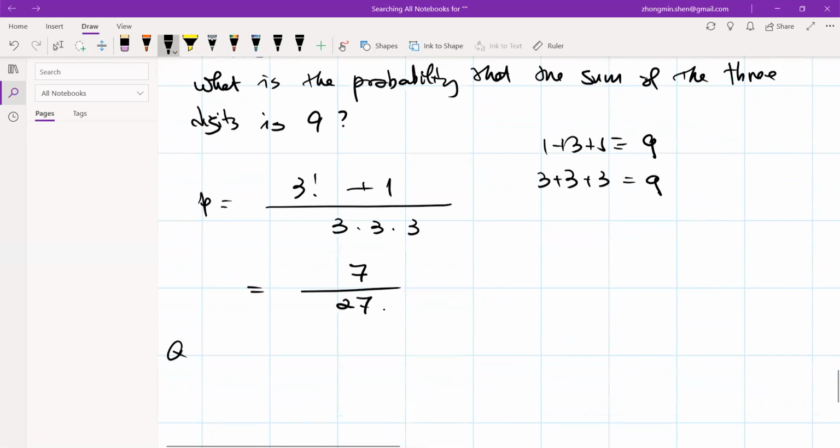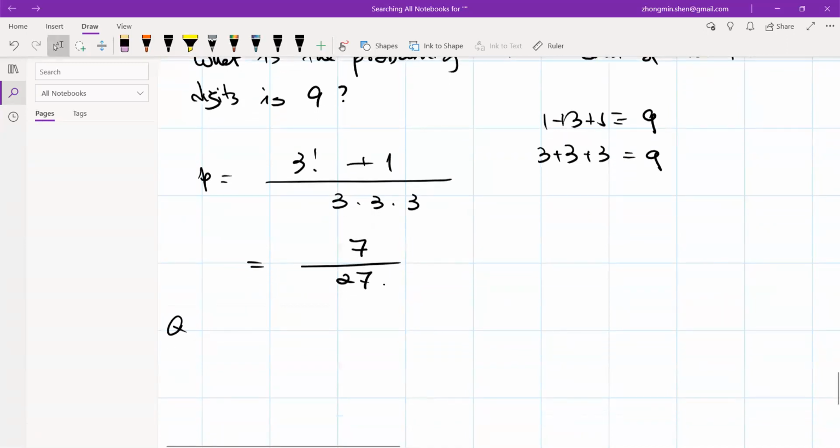All right, so our next problem: 2 standard fair 6-sided dice are rolled. Here's the condition.